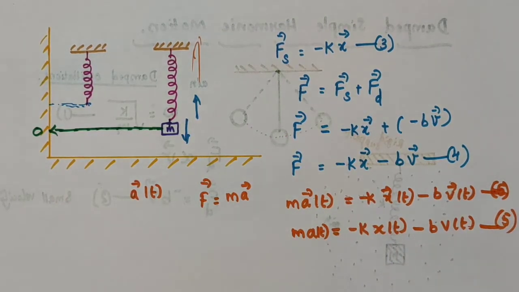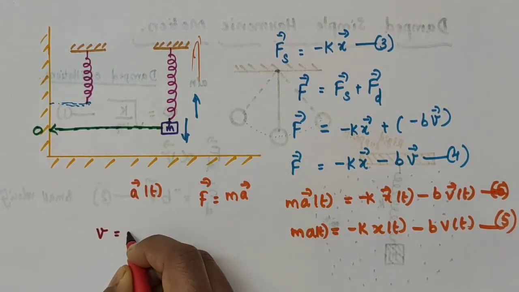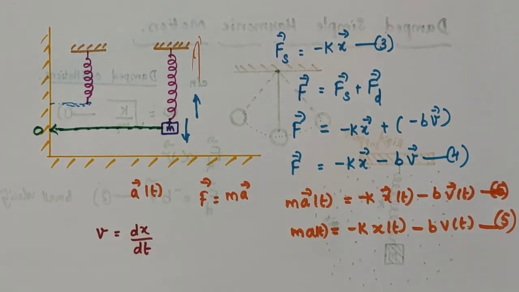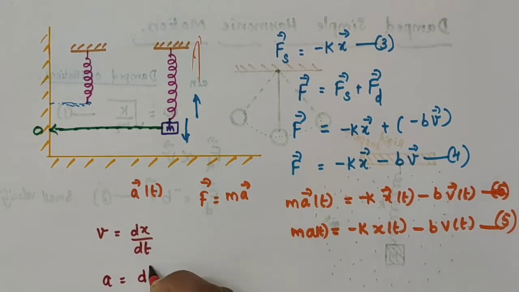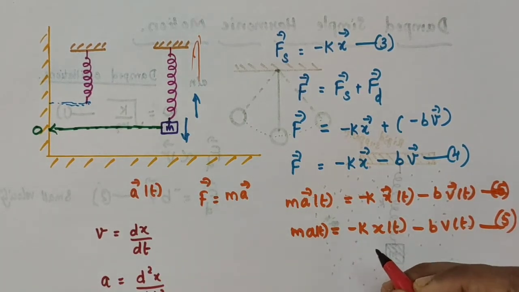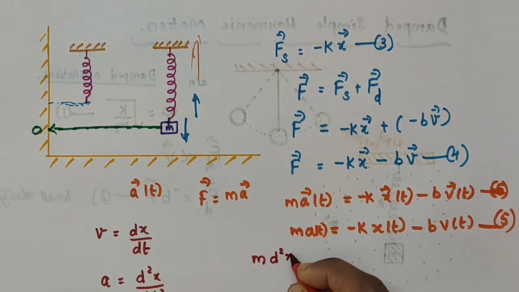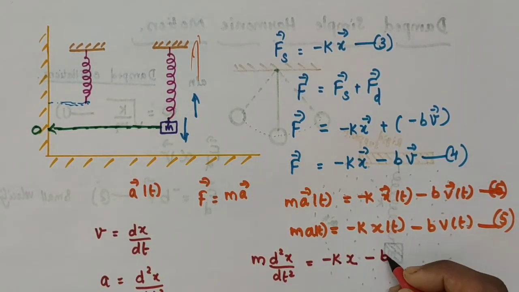Now you see, we have the velocity as the derivative of displacement with respect to time. That is, v is equal to dx divided by dt. And we have the acceleration A as d square x divided by dt square. Substituting these in equation number 5, we get m into acceleration, that is d square x by dt square, is equal to minus k into x, then minus b into v.